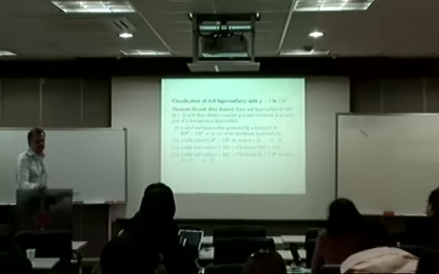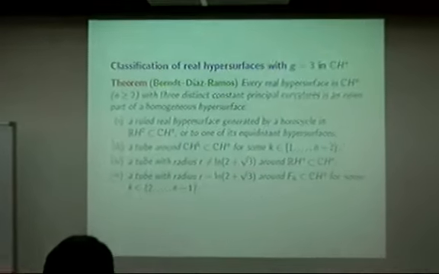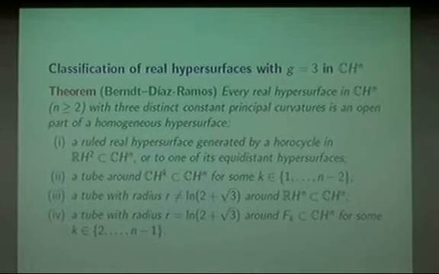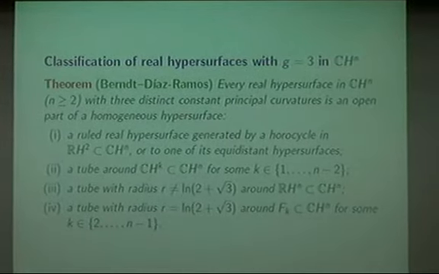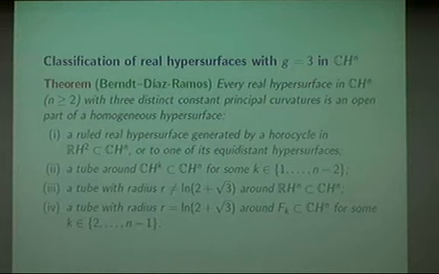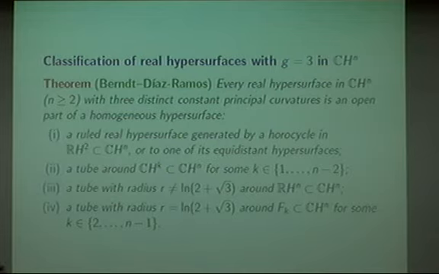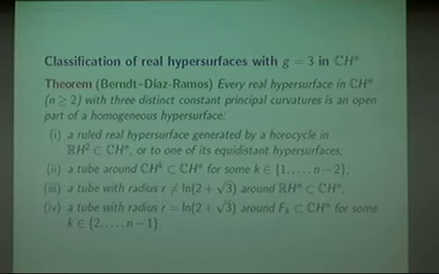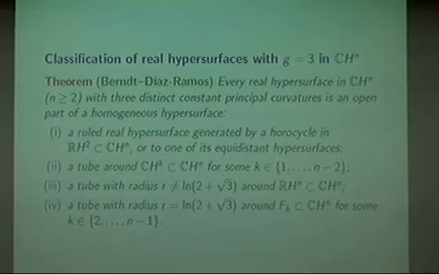I want to say something, just to give you an idea of one result in this area and how to prove it, to give you the feeling of what is involved. This is the classification which I did with my collaborator Carlos Diaz-Ramos, about hypersurfaces with three distinct principal curvatures in complex hyperbolic space.